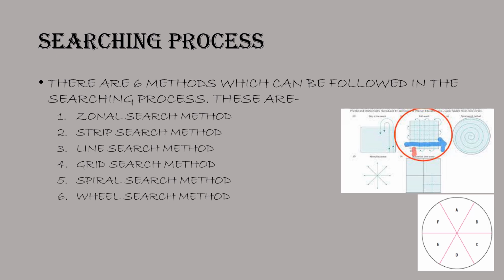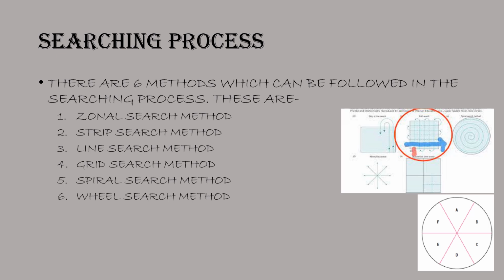In grid search, the scene is divided into 4, 6, or more grids according to the size of the crime scene, and then they are searched one by one. Line search method. It starts from one side of the crime scene, moving to the other corner of the scene, then again moving from that corner to the other end like that.